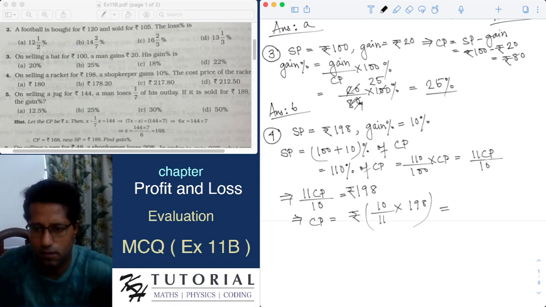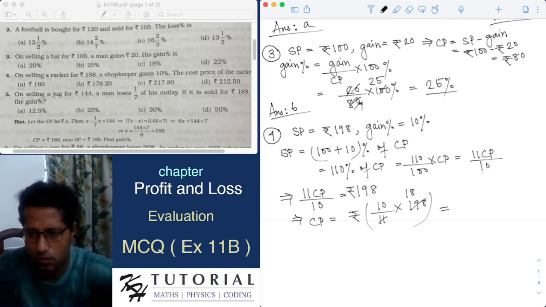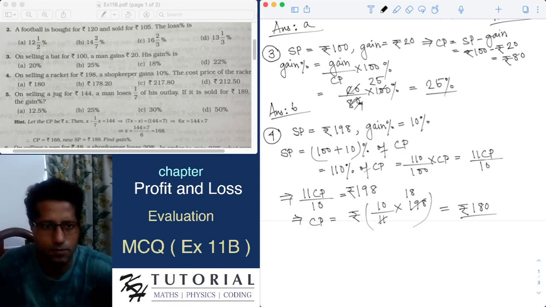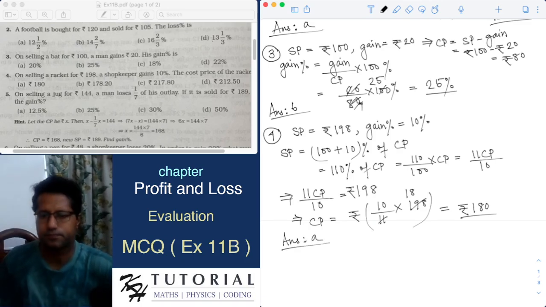This equals 180. So rupees 180 is the cost price. Therefore, the answer is choice A.